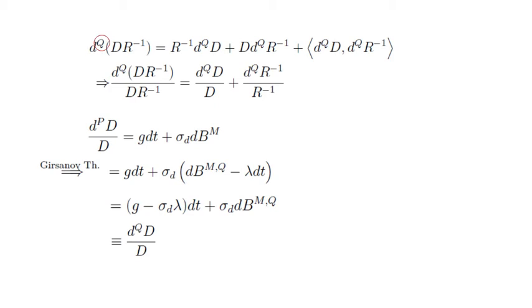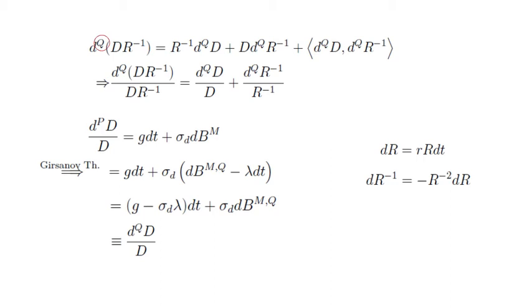So let's go back to some math steps. Now we need dR that coincides with little r times capital R dt. Now by Ito's lemma, if you want the change of R inverse, that gives you minus R to the minus 2 dR. And now everything is done under Q pricing.